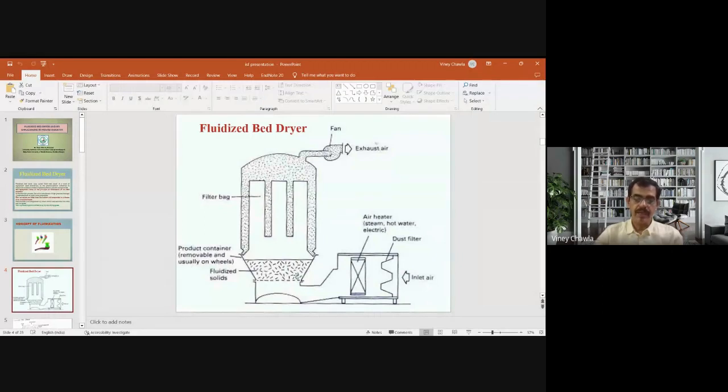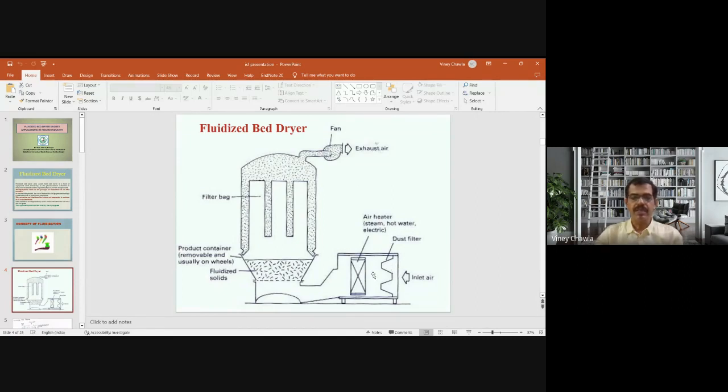And here, if you look to the right of the screen, inlet air is there, and this is fresh air which is being moved forward through a dust filter. This dust filter will stop all the unwanted dust and other particulate matter, and only pure air will pass through.